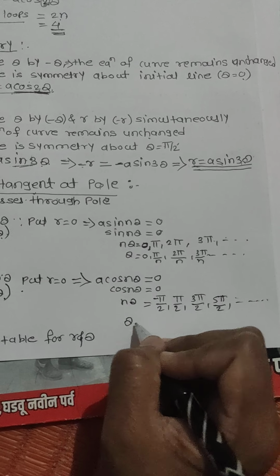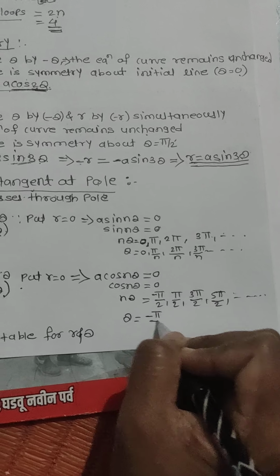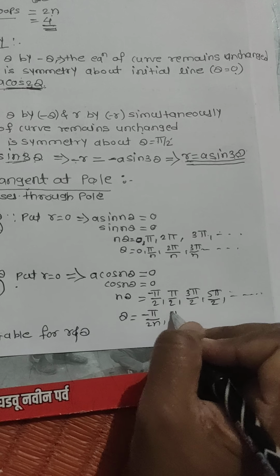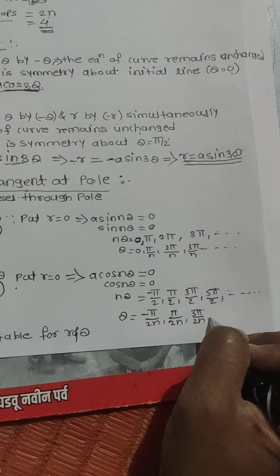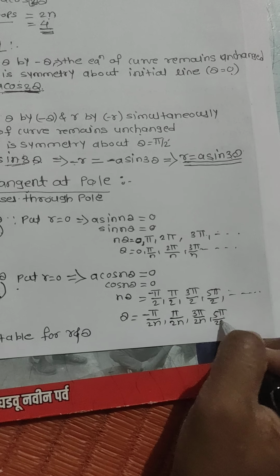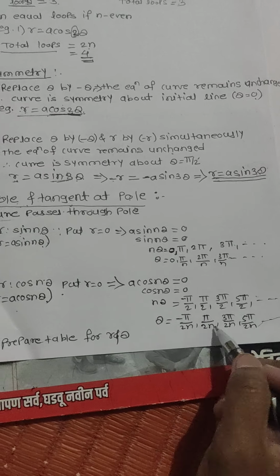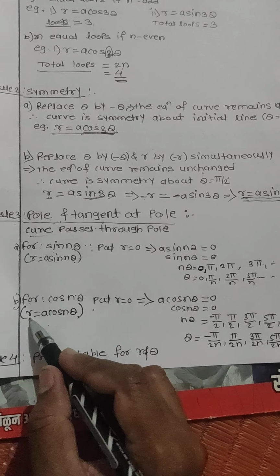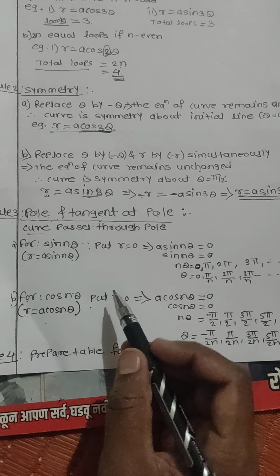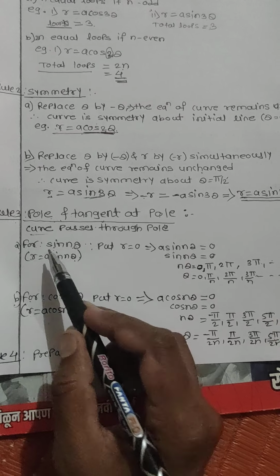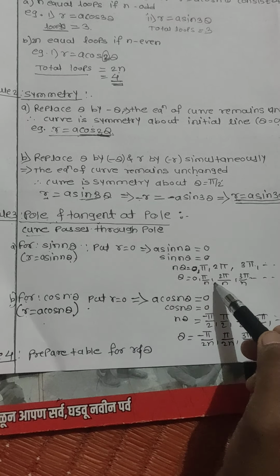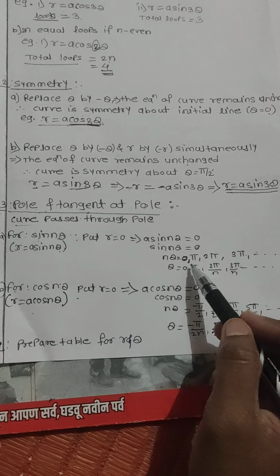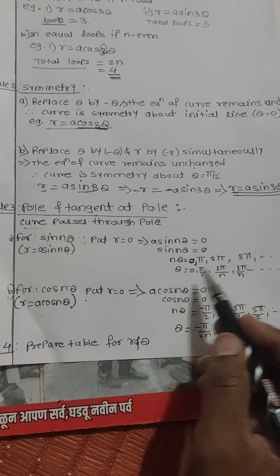So what is the value of theta? Theta can be written as minus pi upon 2n, here again pi by 2n, 3 pi by 2n, 5 pi by 2n and so on. So these are the tangents of this curve for r equal to a cos n theta. You have to remember this: for r equal to a sin n theta, put r equal to 0 and find the tangent at the pole.